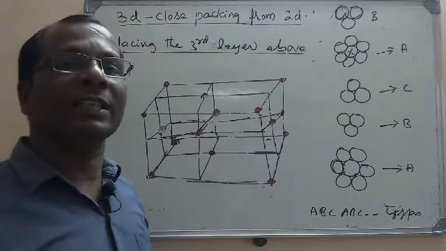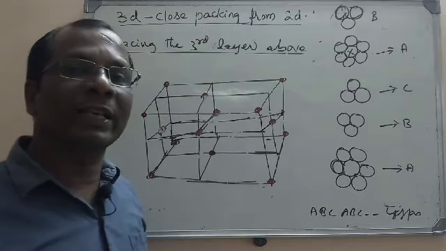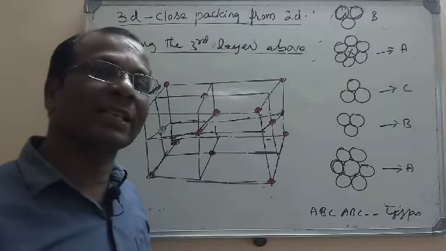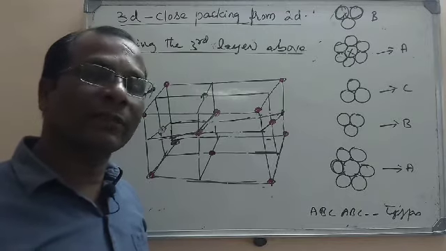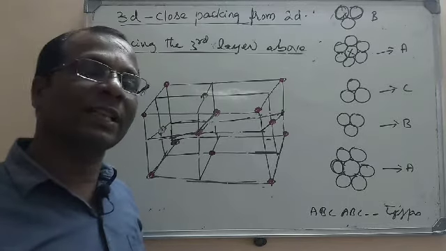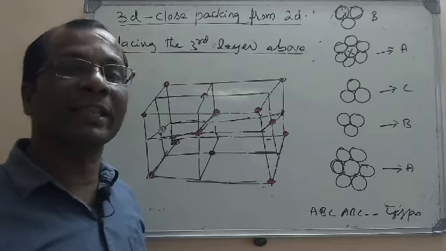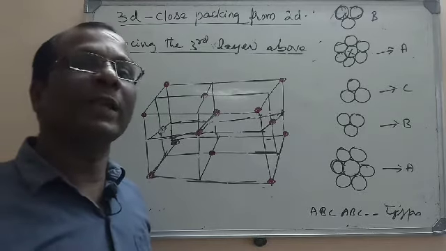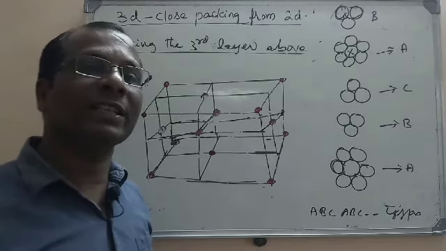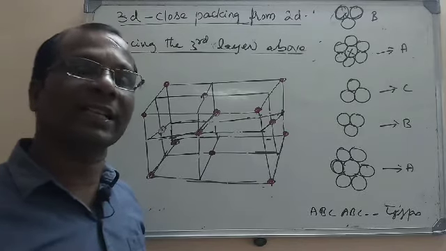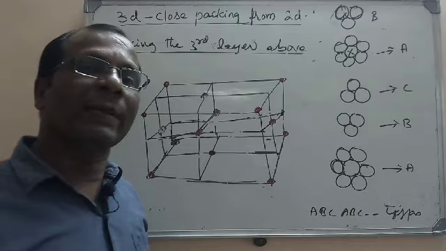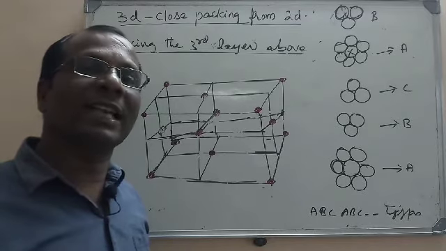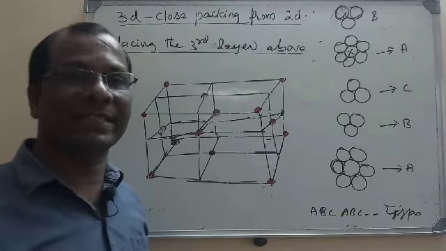You can lay the third layer over the second layer in 2 ways. That is, the third layer can be laid either by covering the tetrahedral voids of the second layer, or by covering the octahedral voids. If you place the third layer in such a way that the tetrahedral voids of the second layer are covered, you will get an AB type of pattern, and it results in hexagonal close packing lattice, HCP.